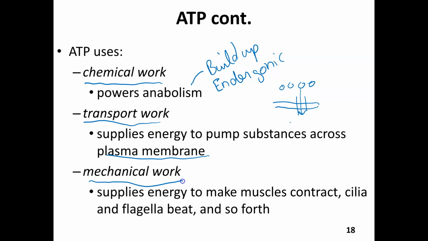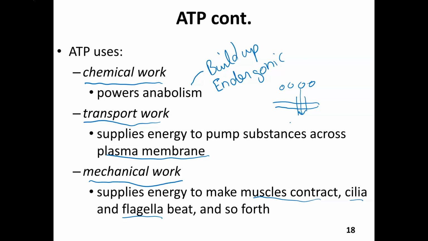And then mechanical work, so physical movement. We have ciliated cells, we have flagellated cells. These require ATP to move. Muscle contractions for your body. Every time your muscle contracts, it uses energy and releases heat as a byproduct.